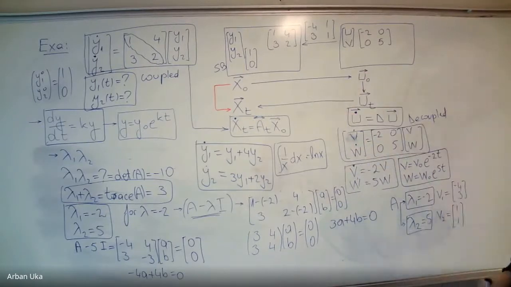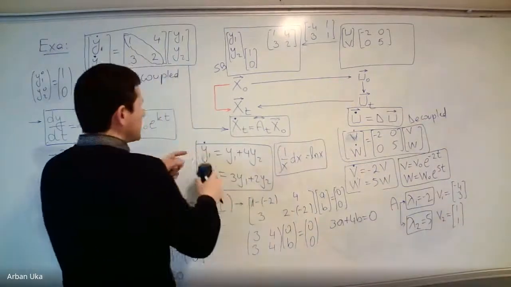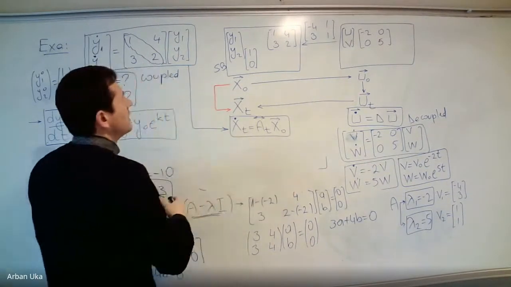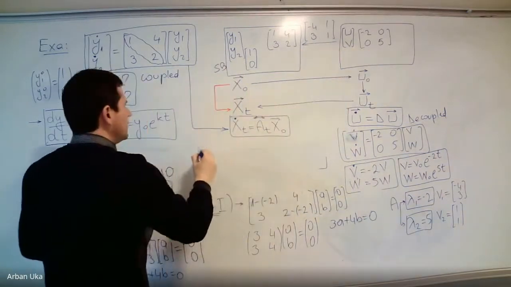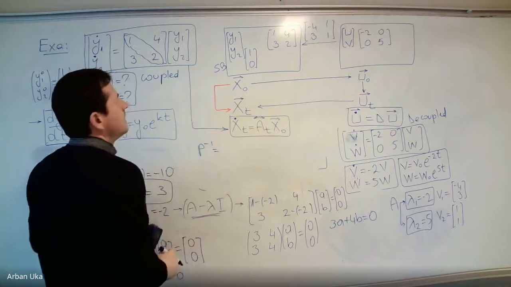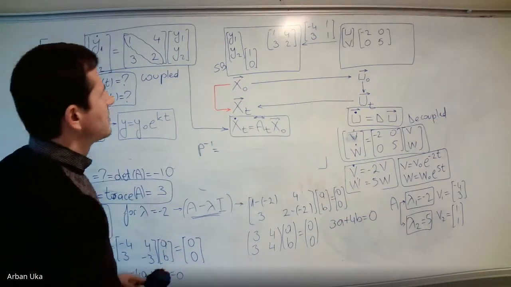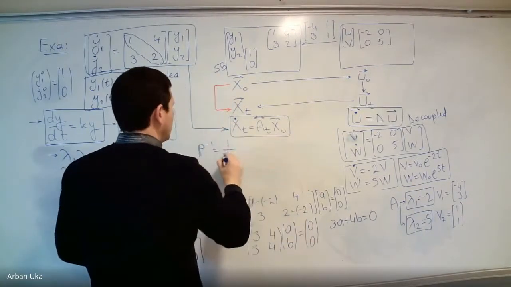Now we need to find P inverse. What is P inverse? Now these equations, we have them on the board, so let's find it. We found D, this is D, this is P, we need P inverse. P inverse is 1 divided by the determinant of this matrix P. What is the determinant of matrix P? Minus 7.